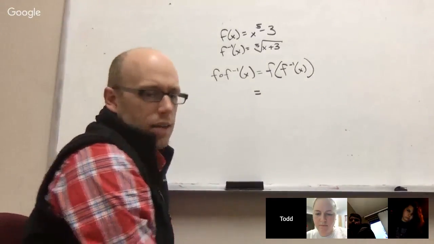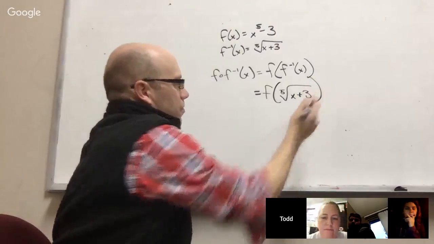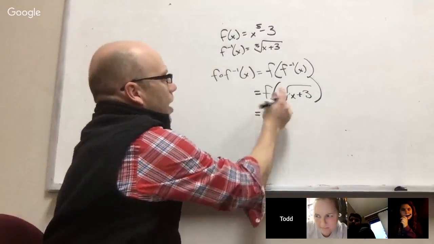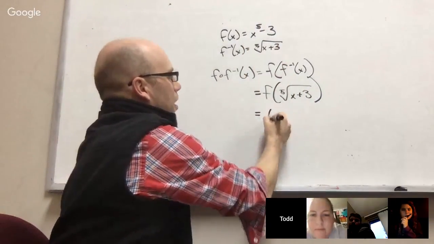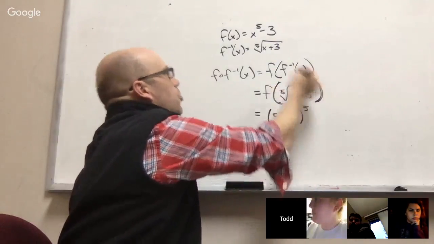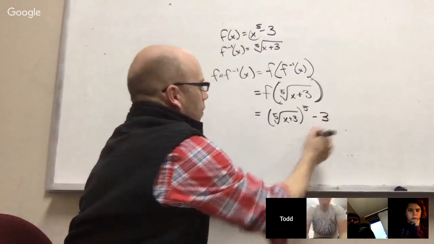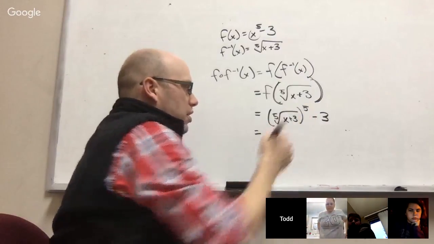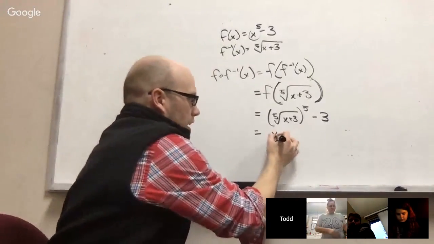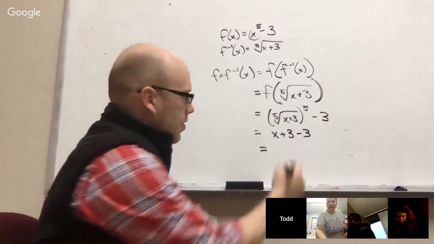Our input is going to become the 5th root of the quantity x plus 3. Well, what is f of that quantity? It's going to be that quantity to the 5th, because this is our input, minus 3. If I have the 5th root raised to the 5th power, what does that do? You cancel each other out. So it's just x plus 3 minus 3, and so that gives us just x.